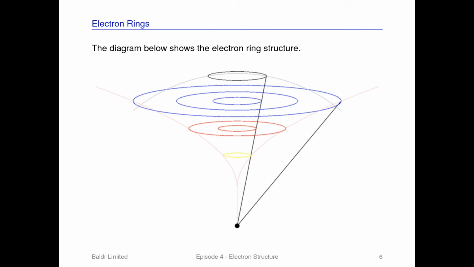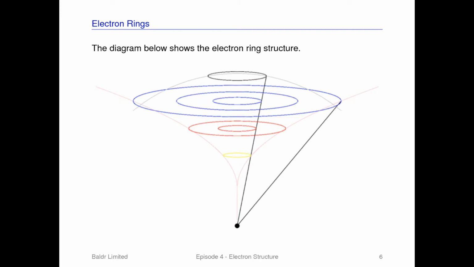However, first of all, let me describe all the points of this diagram to you. To start with, the black dot at the bottom of the diagram represents the nucleus, whilst the 2 pink lines represent the outside of the funnel. Next, we have the electron rings, which start with the yellow ring at the bottom. This represents the first or lowest energy level, being the 1s ring.